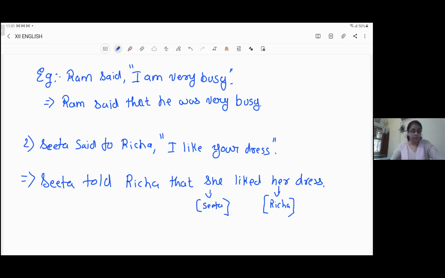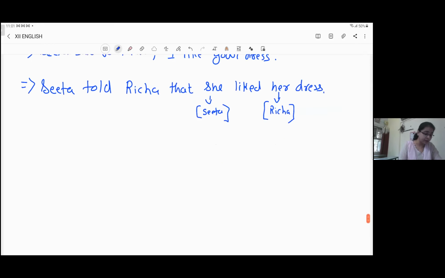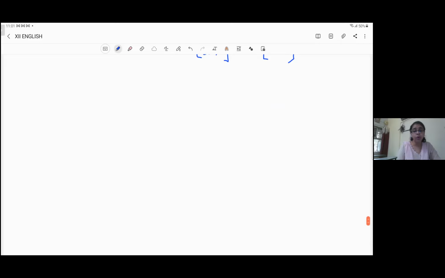Clear? Now, in direct and indirect speech, you have to convert the sentence as per the tenses also. Clear? Now you can write here, change in tenses.